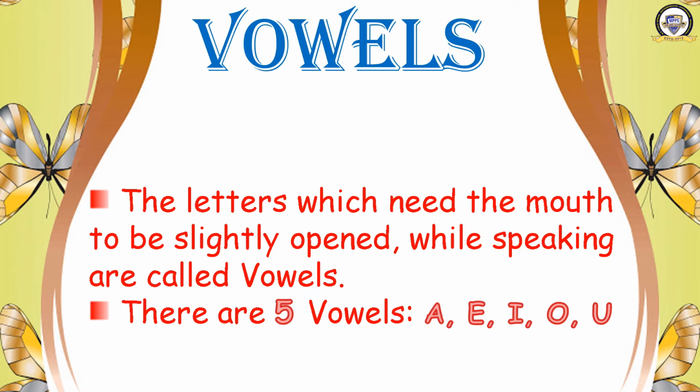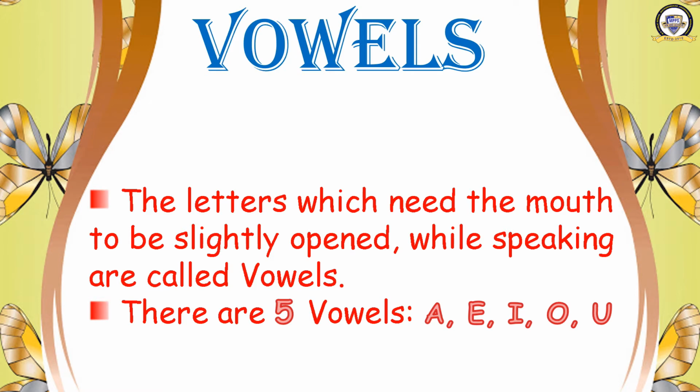There are five vowels. How many vowels are there? Five. And what are they? A, E, I, O, U. These are the five vowels.